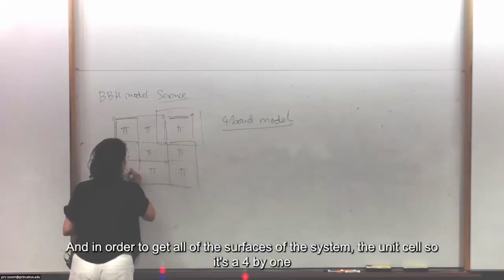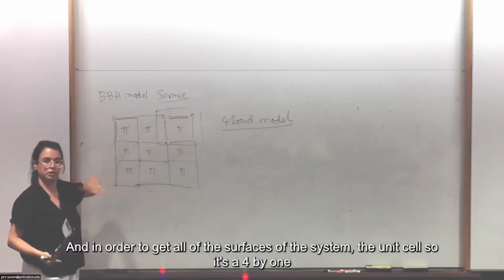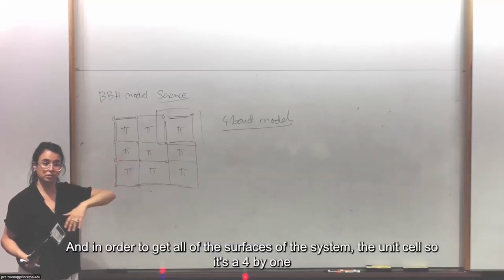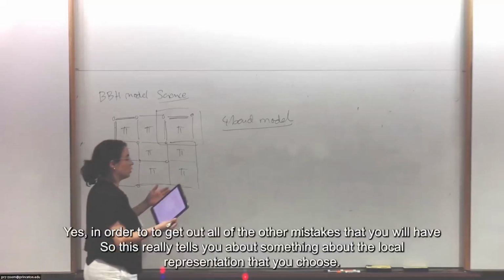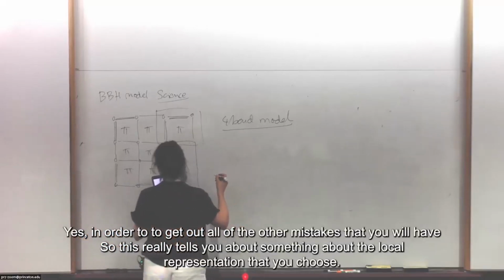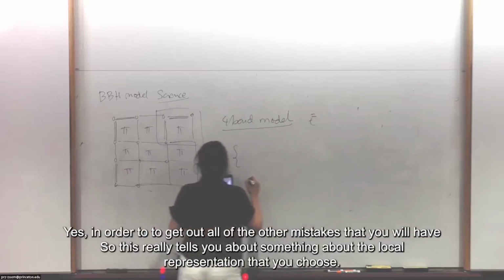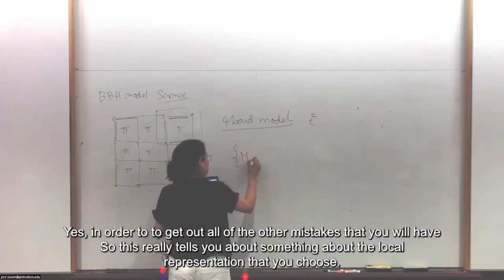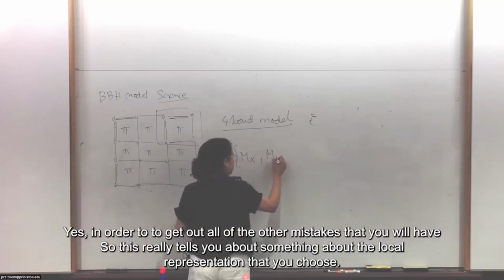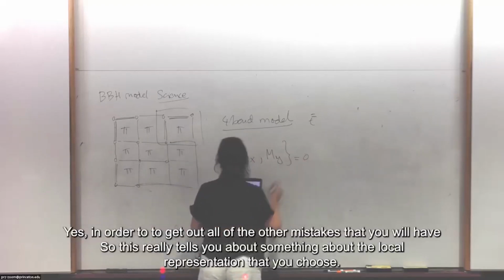So this tells you something about the local representation that you choose. Here you go to an S orbital or P orbital, you choose actually a 2-dimensional orbital, which I'm going to call P, because that's the actual name for it, which is a representation, or E bar, which is a representation that guarantees that the 2 reflections in X and Y anticommute with each other.